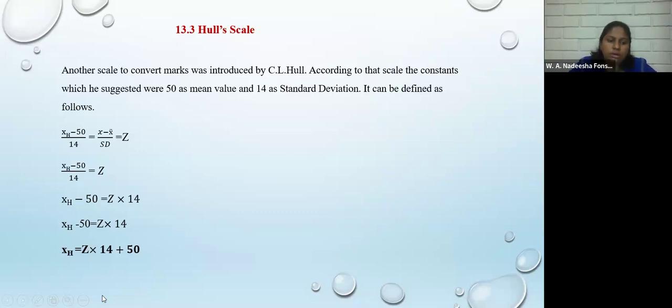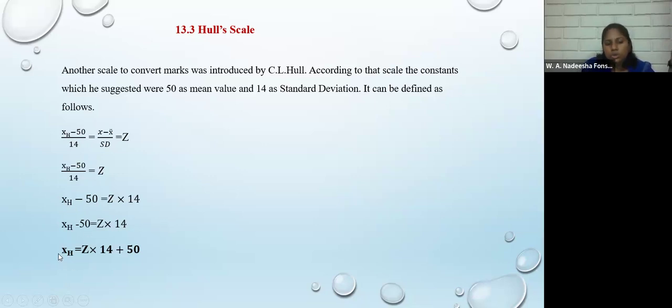Like we got the equation for XM, here also XH, the Hull value. According to the Z score, we can substitute it like this. XH, Hull mark, minus 50 divided by 14 equals Z. Then we have to make XH the subject like that.